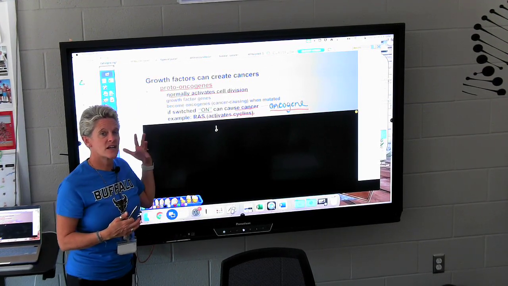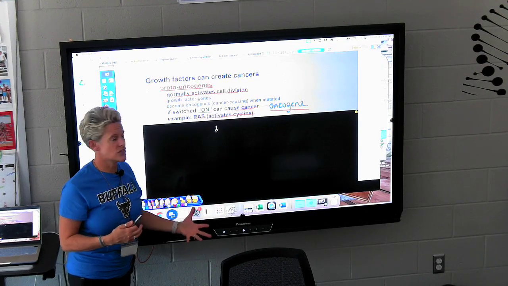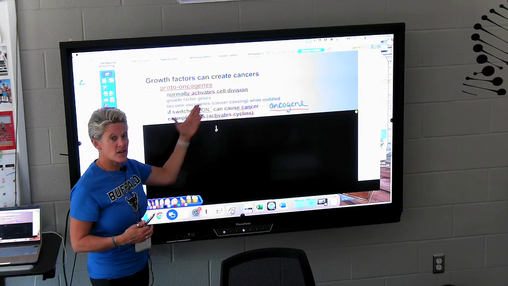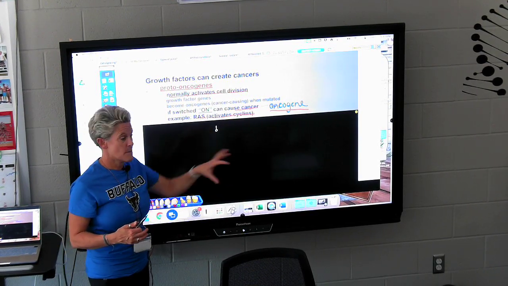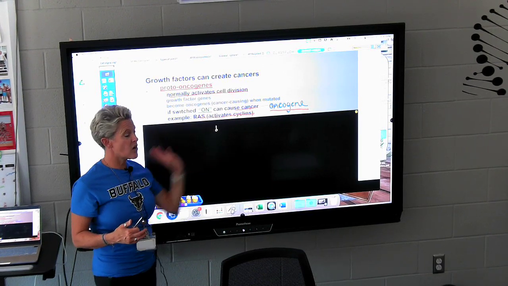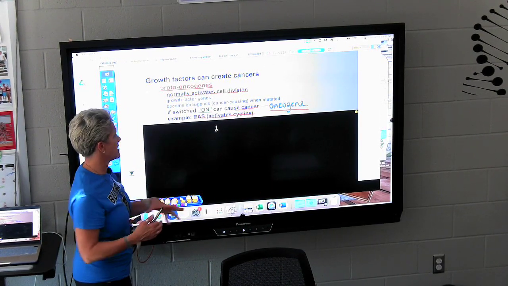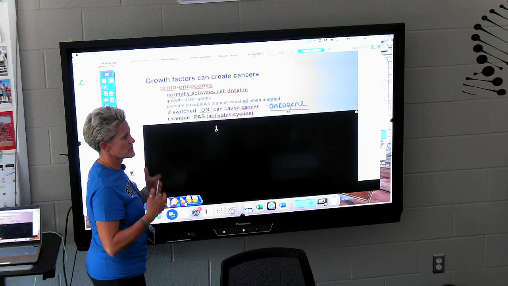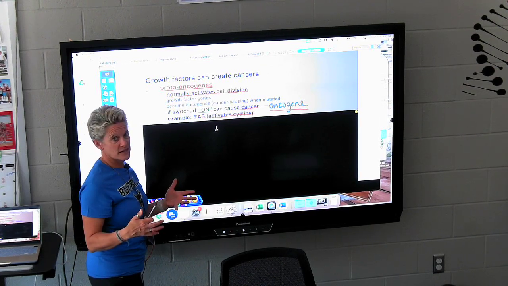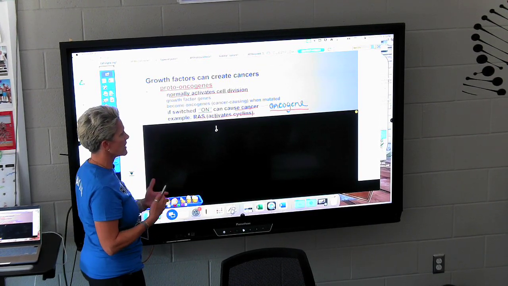They are causing constant cell division. So these are normally off until we need to divide, then they're turned on. But if they're always on, they're always telling cells it's time to divide, and we get cells that are dividing when they shouldn't be dividing, right? And so that turns it into an oncogene.